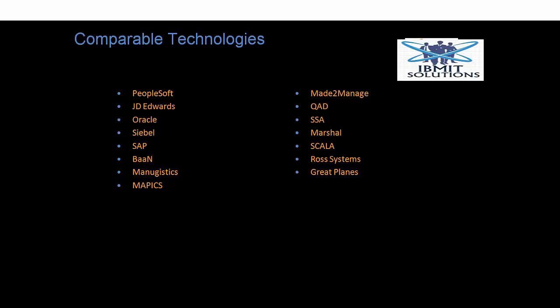And we have SAP. PeopleSoft is good in HRMS and financials, and it has a lot of government projects in the USA and Canada. It is more popular across the government sector of the USA and Canada.